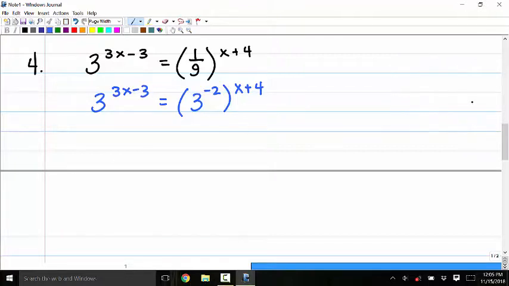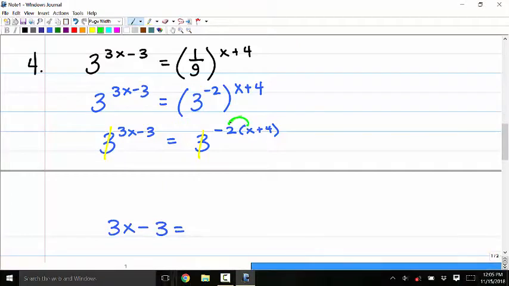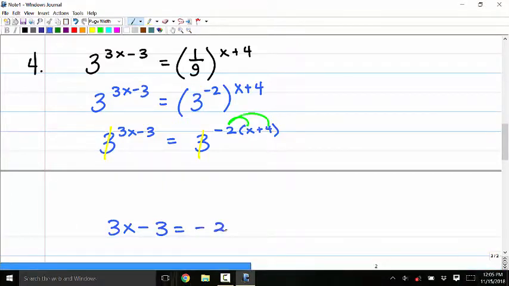Power to a power, what do you do? Multiply. So I have 3 to the 3x minus 3 equals 3 to the negative 2 times x plus 4. Now cross the bases out. 3x minus 3 is equal to, can you distribute? So you get negative 2x minus 8.